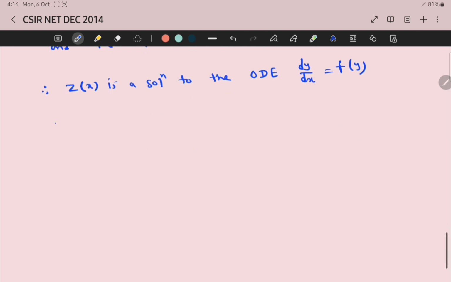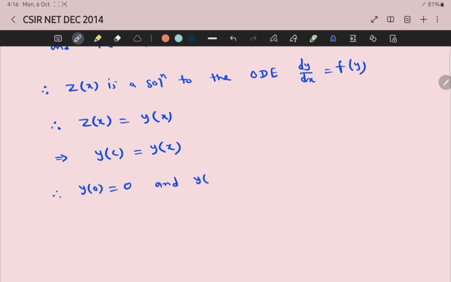But the solution is unique, therefore z(x) must be equal to y(x), that is y(c) must be equal to y(x). Since y(0) equal to 0 and y(1) equal to 0, therefore y(c) is equal to 0.